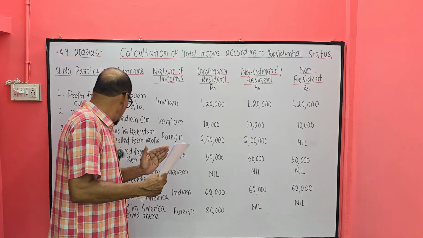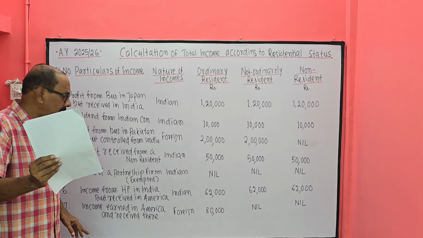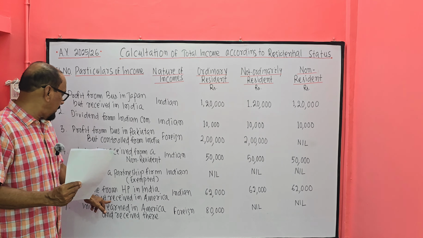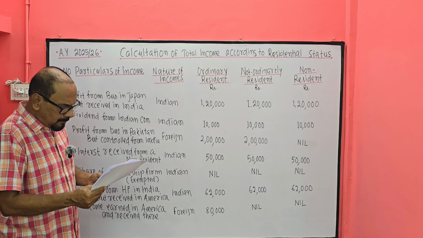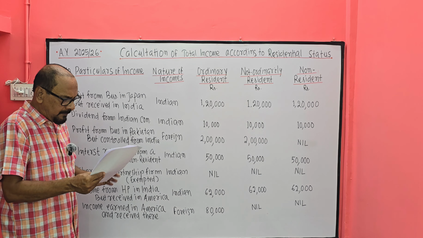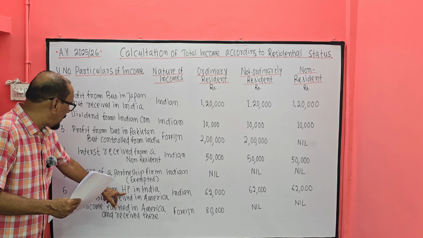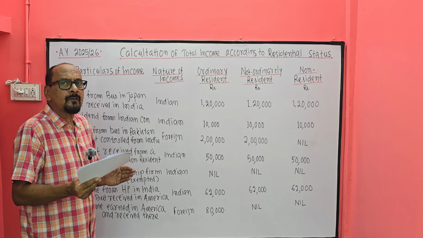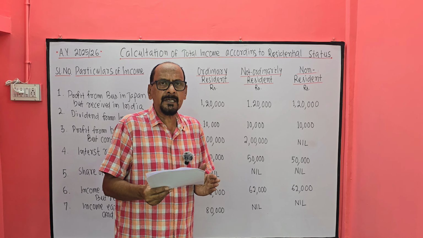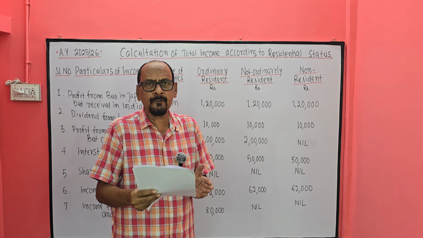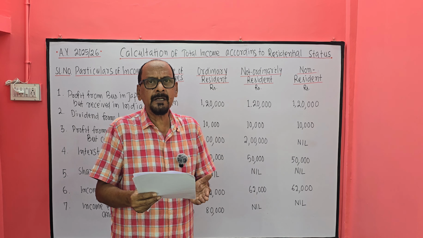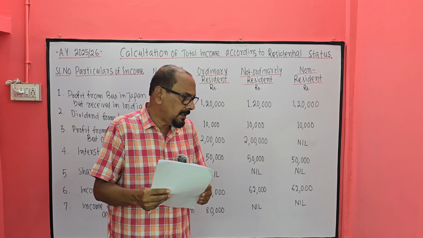And the next financial transaction is income from house property in India but received in America. If an assessee is getting any income from house property in India, then it will be treated as Indian income.